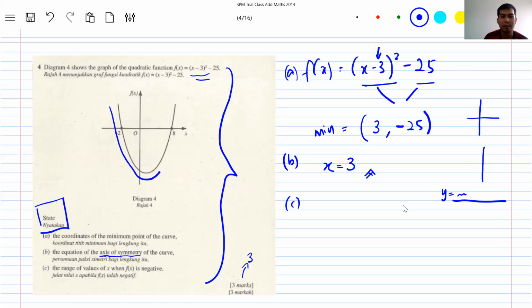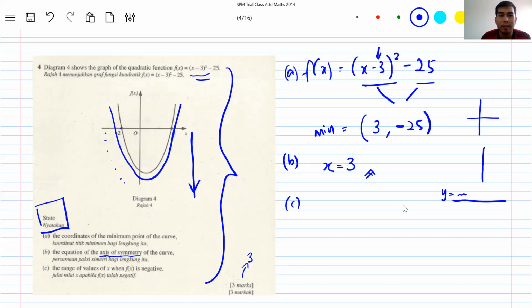When x is 2, negative 2, f(x) is 0, and so on. When f(x) is negative, that means it lies below the x-axis. Everything on top, f(x) is positive. So when f(x), or y in this case, is below the x-axis, what are the values of x?